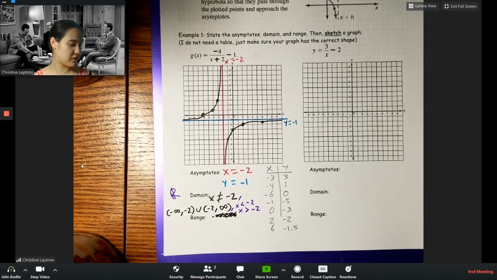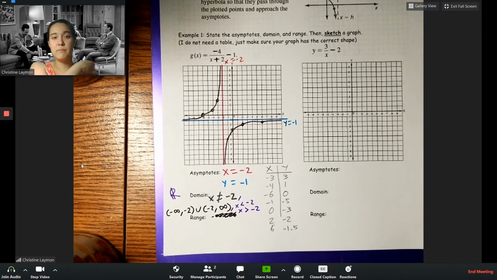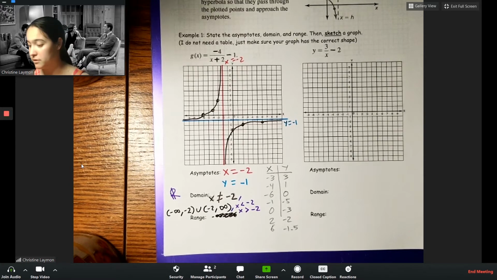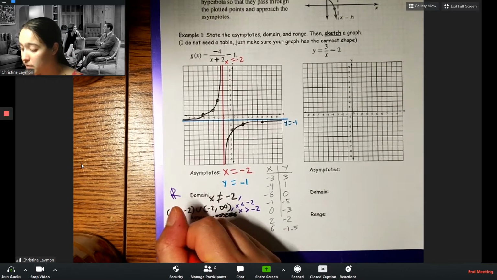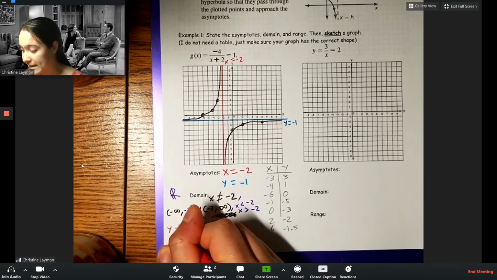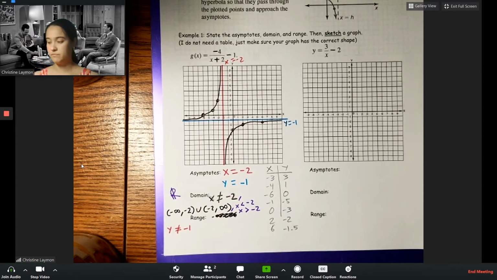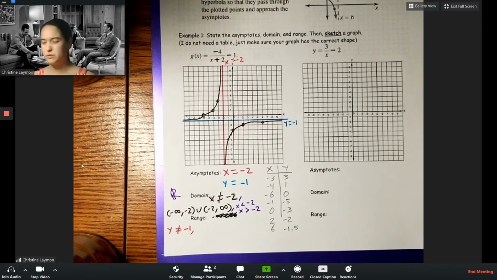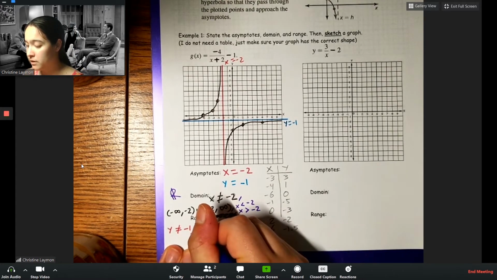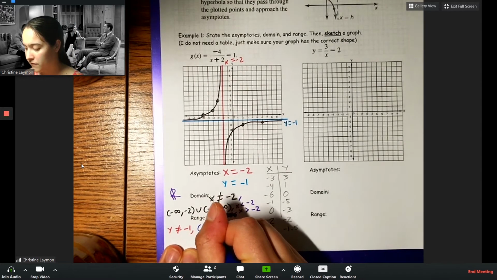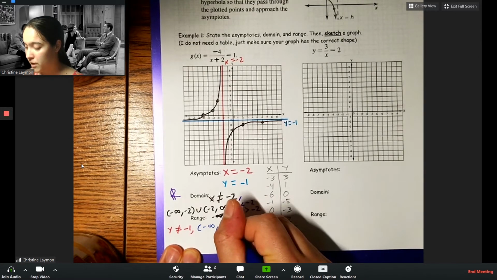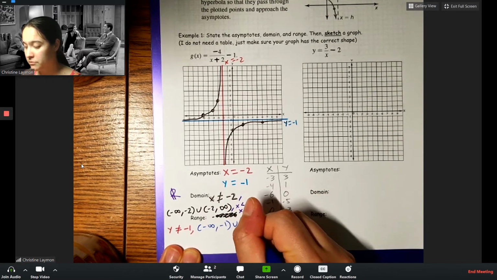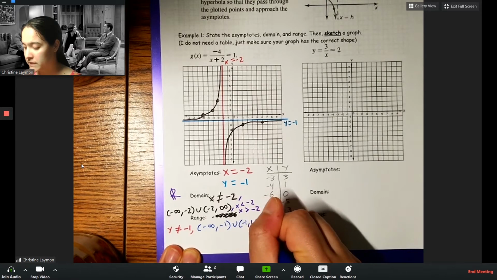Let's go ahead and do the same thing for range. So thinking about my y values, what I can't have is -1. So I can say all real numbers, but y is not -1. So that's one method. Let me just keep switching colors here. I'm going to do the interval method, -∞ up until -1, all parentheses, union, -1 to positive infinity.